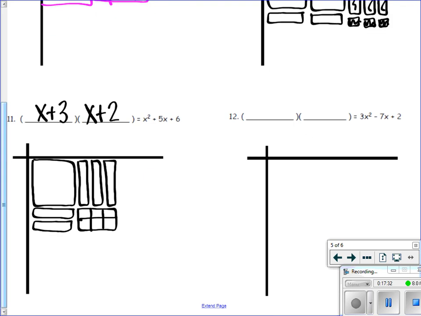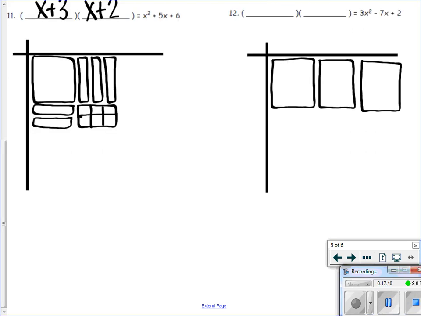Raise your hand if you tried number 12 yet. Do you want to try it first, or do you want to do it together? Okay, y'all try it first. Those of you that got it, where do the x's go? How many x's? 3x on the top, 1 on the side. So what would I put here?